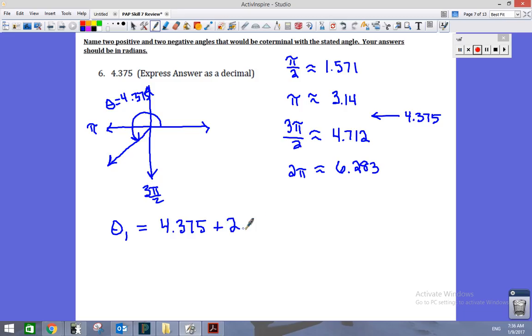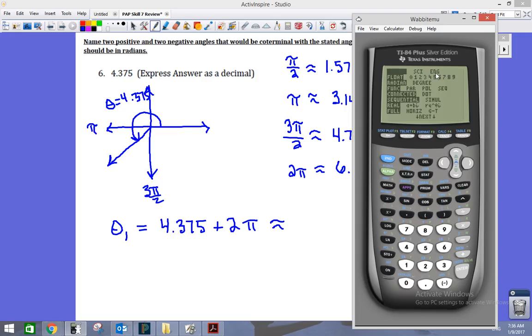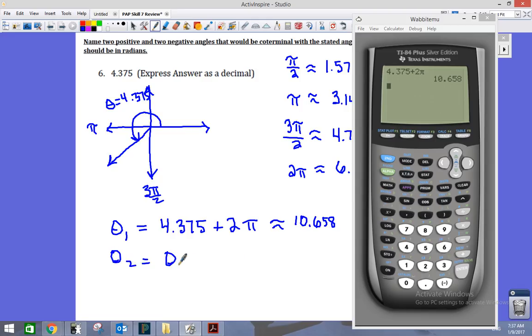If I add 2 pi, I just set my calculator to round to 3 decimals, and if I take 4.375 and add a complete revolution, I get 10.658. Then if I add another 2 pi to that, this is supposed to be theta 1, and this is theta 2.